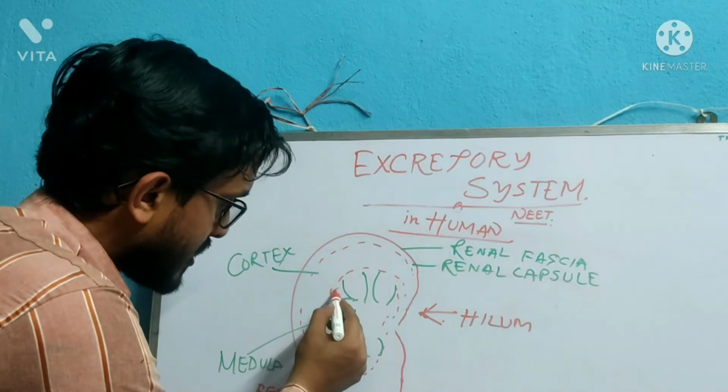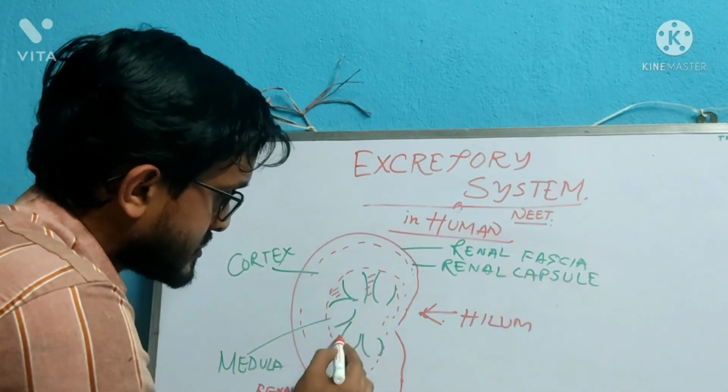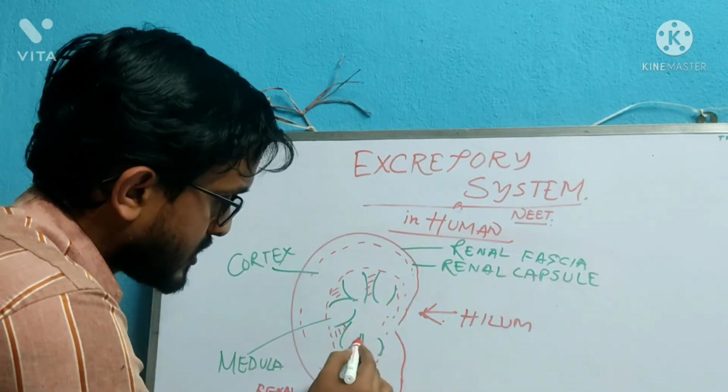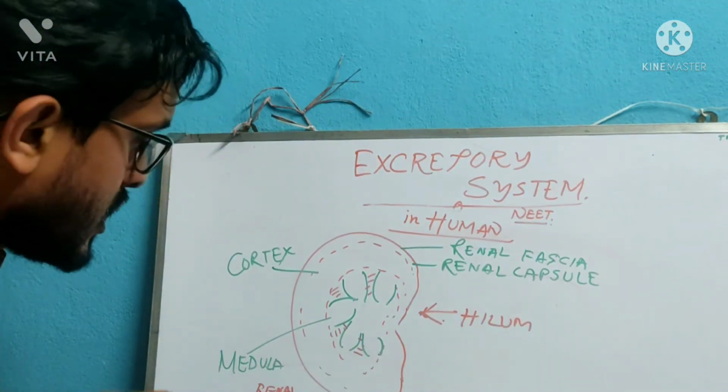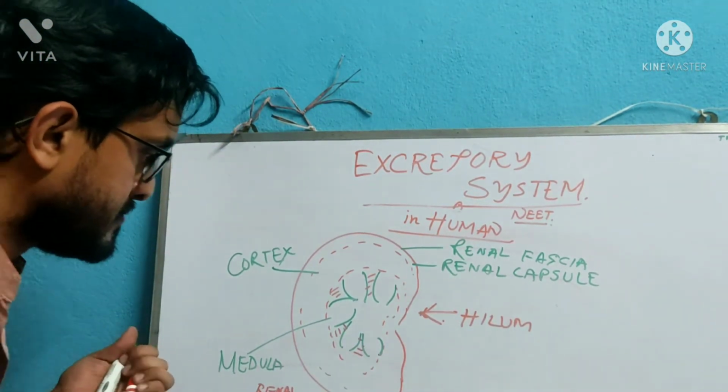In between the renal pyramids, there is invagination of the cortex tissue, which is known as the column of Bertin.